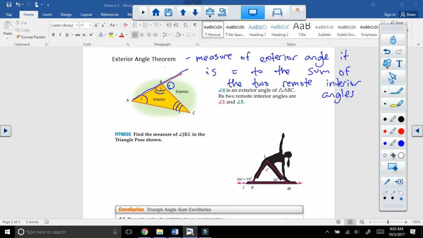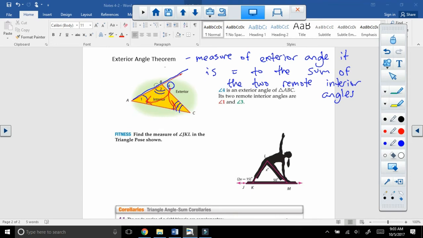So looking at this picture here, the remote interior angles are the ones that are not adjacent to the exterior angle. So the remote ones would be angles 1 and angle 3.